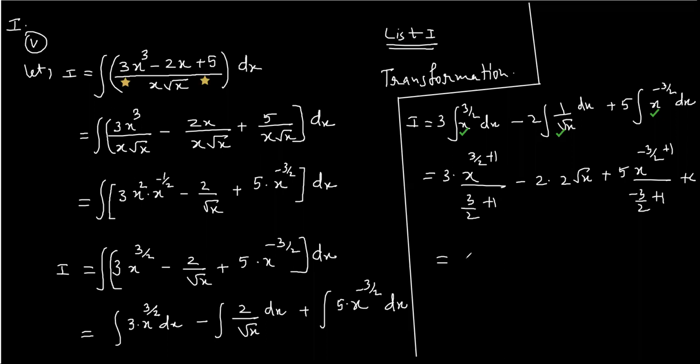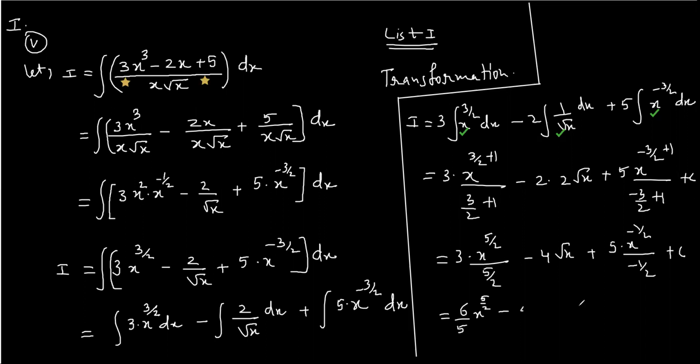So 3 into x raised to 5 by 2 into 2 divided by 5, minus 4 root x plus 5 into x raised to negative half upon negative half plus c. So this gets you 6 upon 5 x raised to 5 by 2 minus 4 root x, and this is minus 10 upon root x plus c. This is the final answer, students. This is the final answer for question number 5.